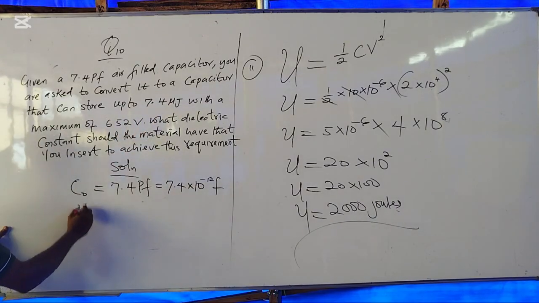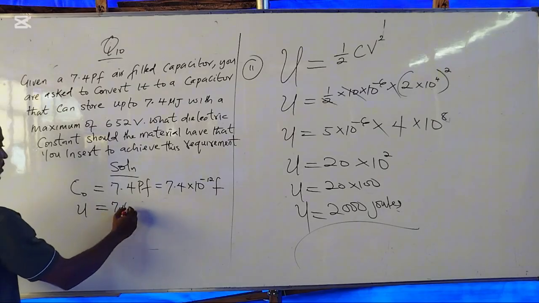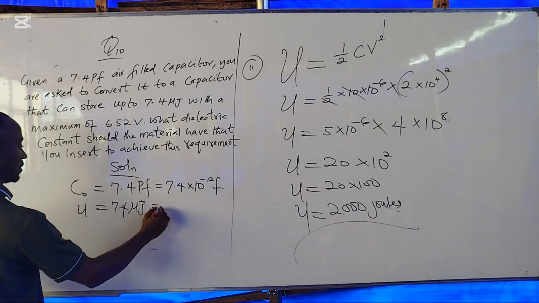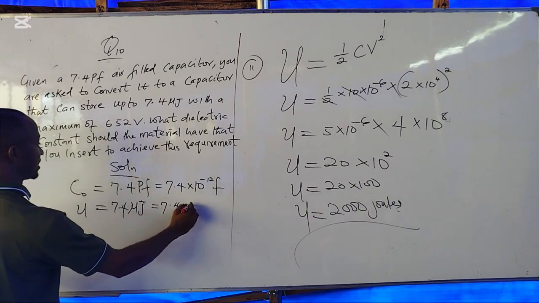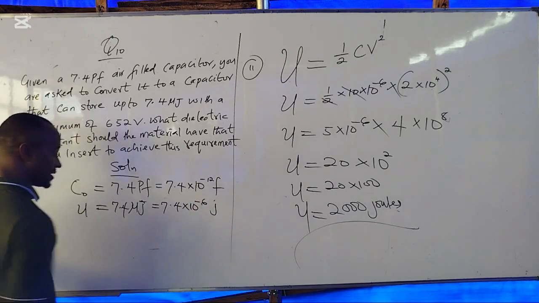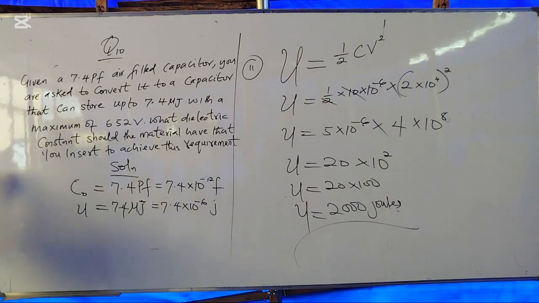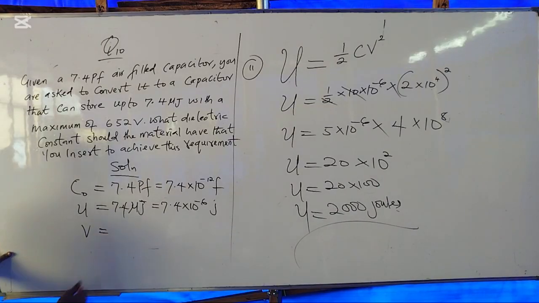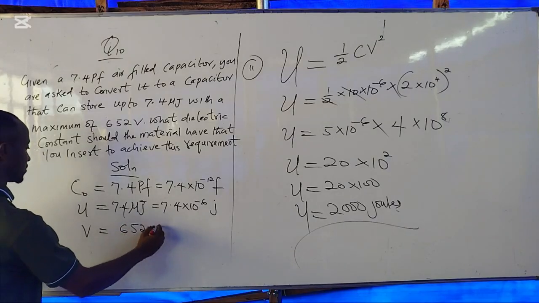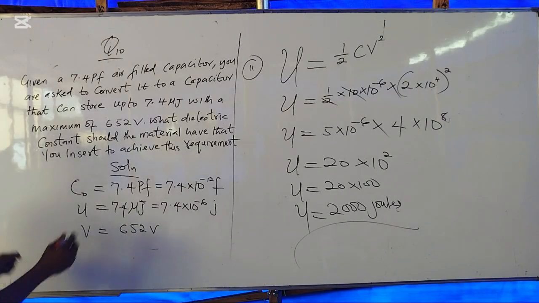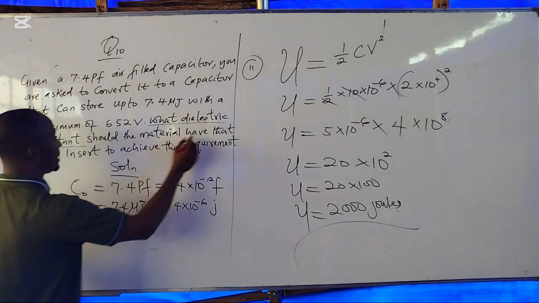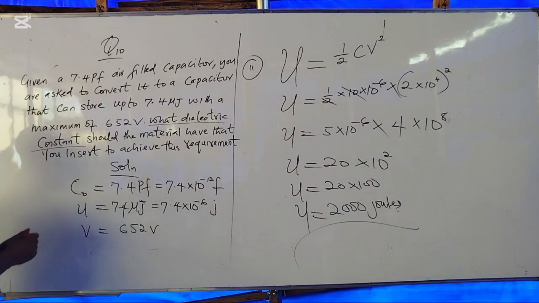So the energy here is 7.4 microjoule, which is the same as 7.4 times 10 to the power minus 6 joule, right? With a maximum voltage of 652 volts. Then they ask what dielectric constant the material should have to achieve this requirement.